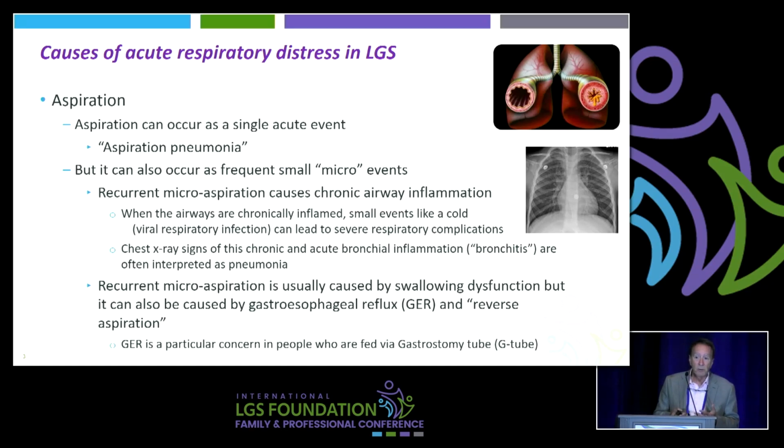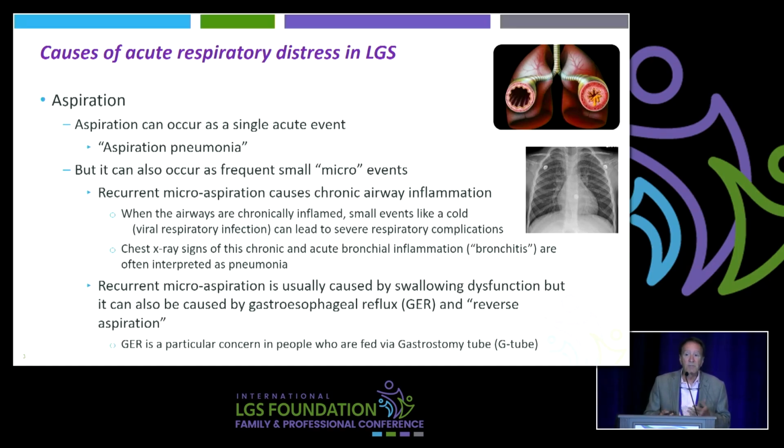This is a particular problem in younger kids, but it can be a problem in older people as well. Gastroesophageal reflux is also important, especially in people who have G-tubes. Some people with LGS may have a gastrostomy tube that they're fed with for several different reasons, and those G-tubes make you more susceptible to having reflux.